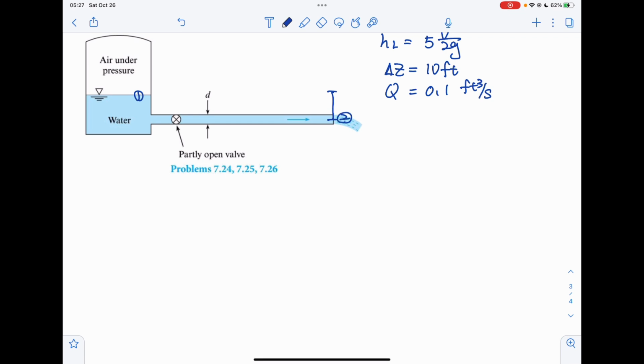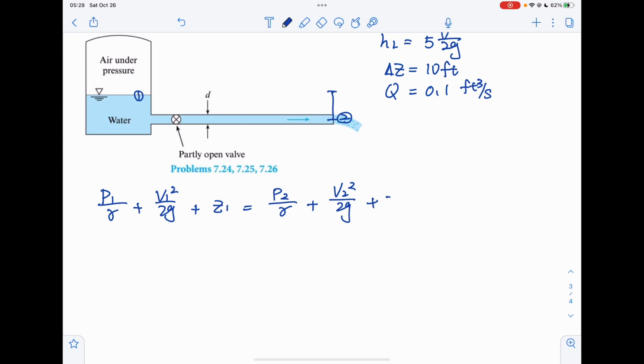So P1 over gamma plus V1 squared over 2g plus Z1 equals P2 over gamma plus V2 squared over 2g plus Z2 plus head loss.